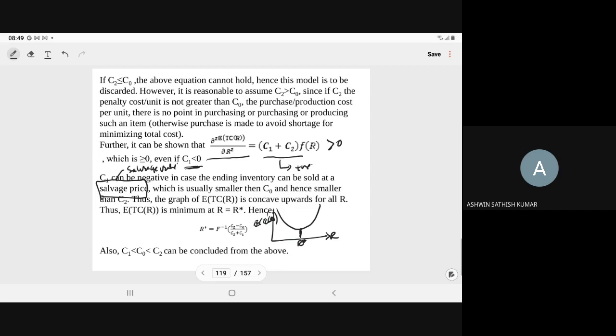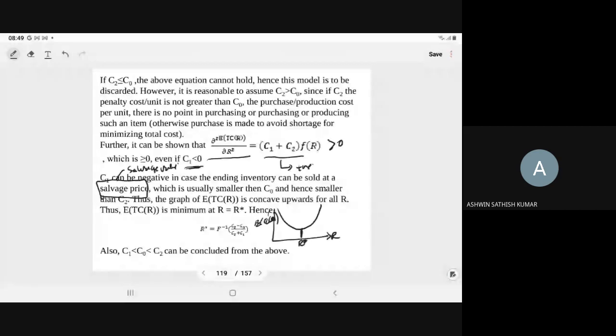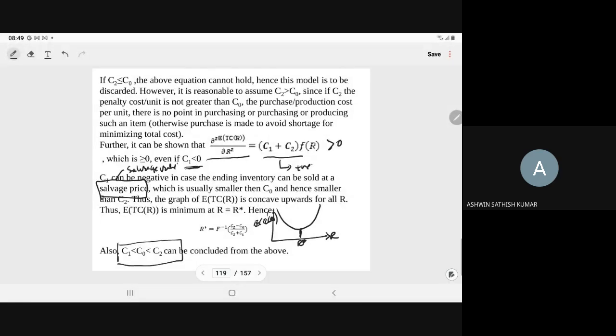You can see from the graph that it is convex in nature with its minimum value at R star. So we can conclude that C1 is always lesser than C0, which is lesser than C2. That is true only for the probabilistic model, the short period model.